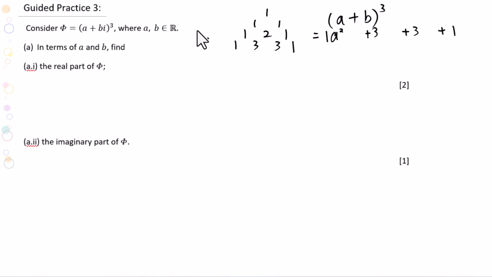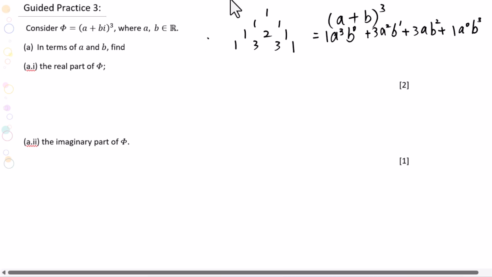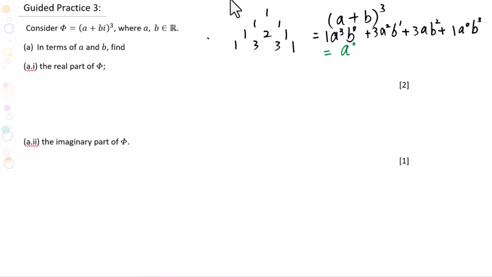A to the third power, a squared, a to the first power, a to the 0 power. Then b to the 0 power, b to the first power, b squared, b to the third power. Organize. Equals a to the third power plus 3a squared b plus 3ab squared plus b to the third power.